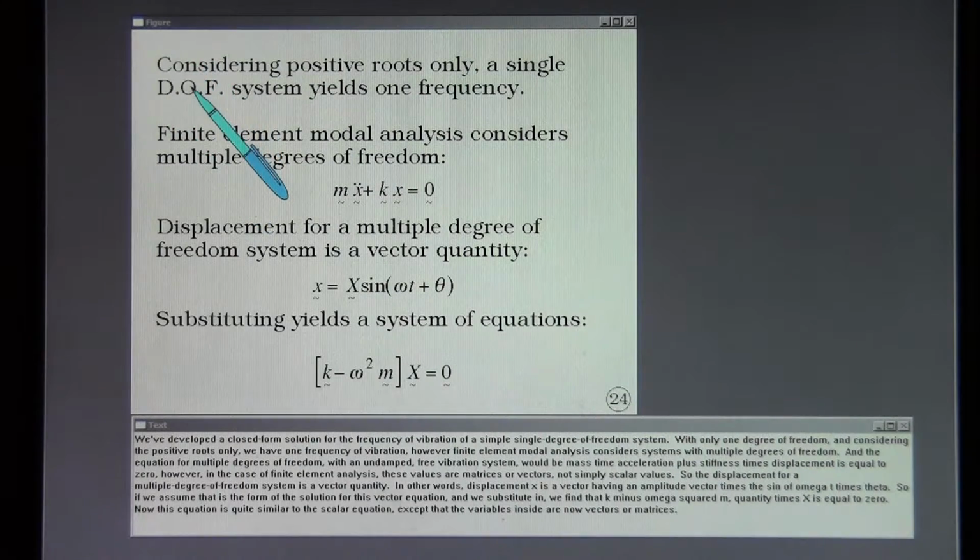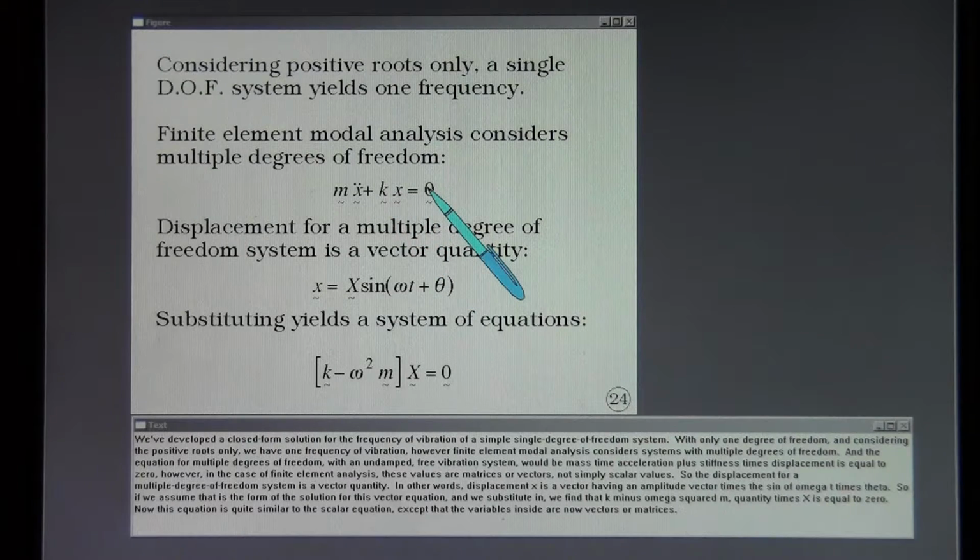However, finite element modal analysis considers systems with multiple degrees of freedom. And the equation for multiple degrees of freedom with an undamped, free vibration system would be mass times acceleration plus stiffness times displacement is equal to 0.